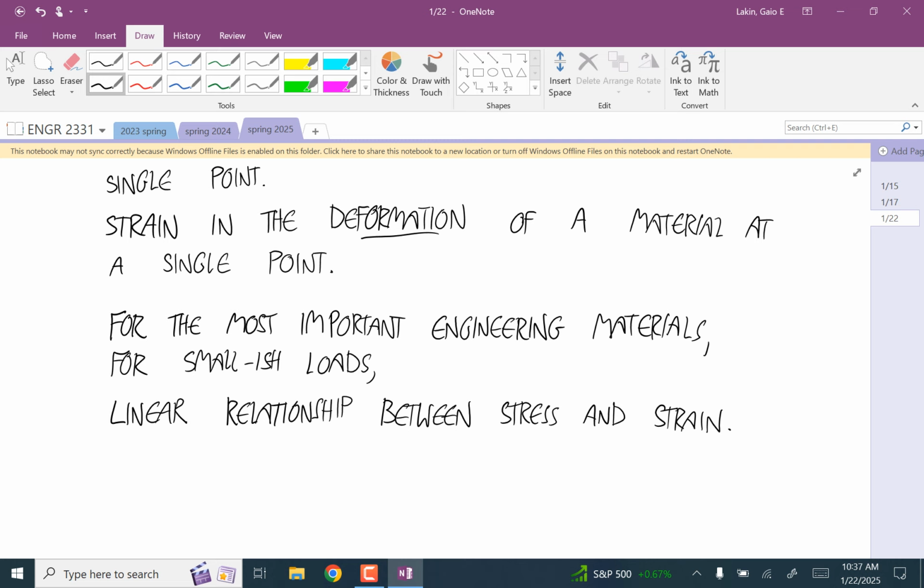And so this linear region for engineering materials is a very useful region. This range of possible loads that you can subject engineering materials to is very useful and very easy to calculate these relationships because of the linearity.